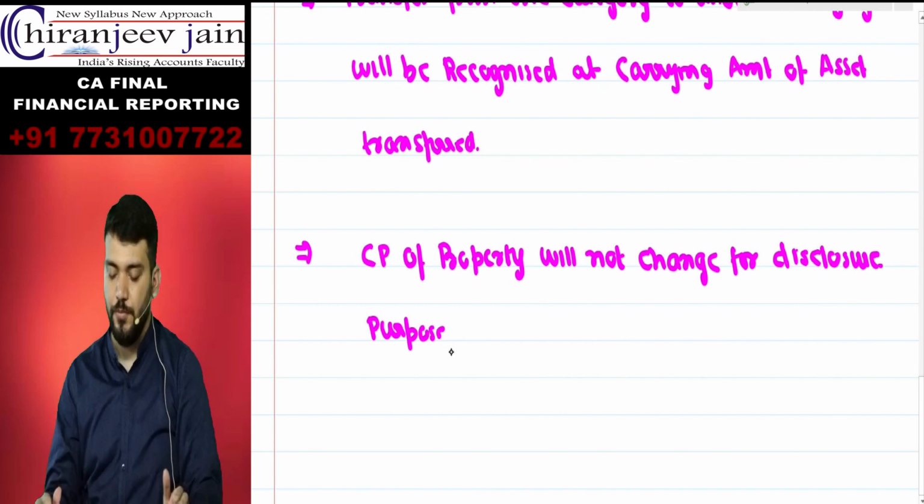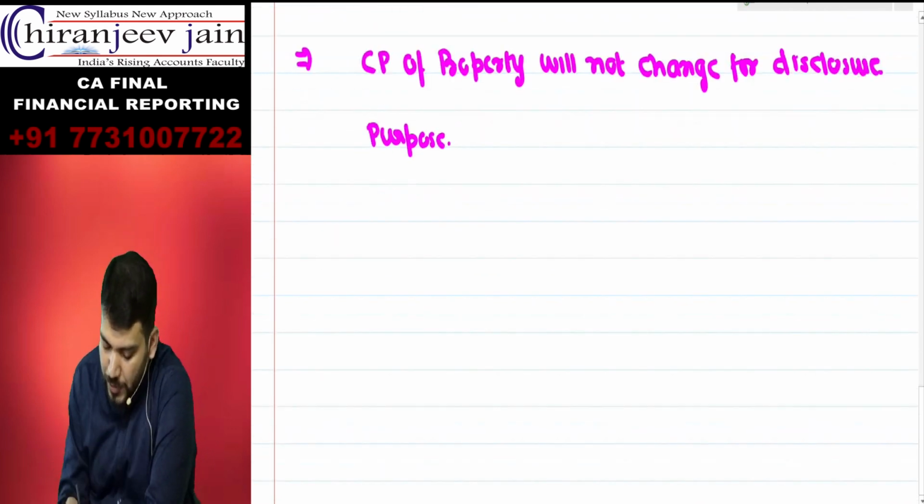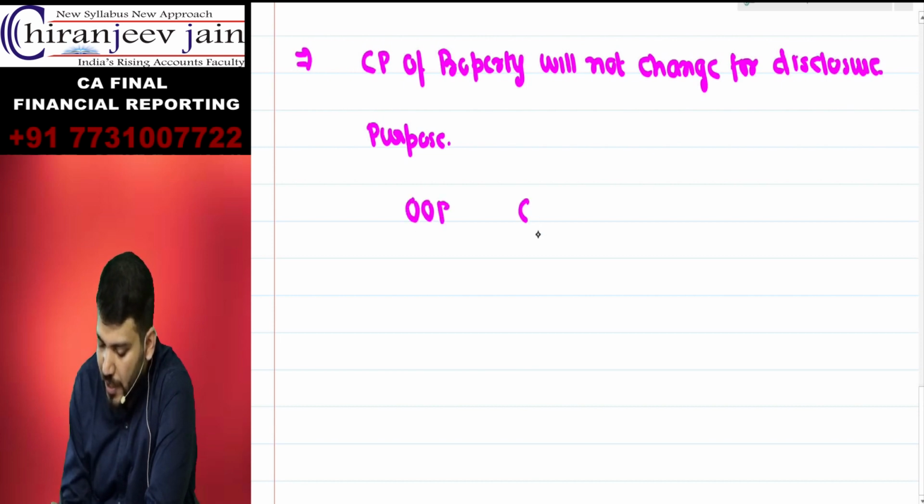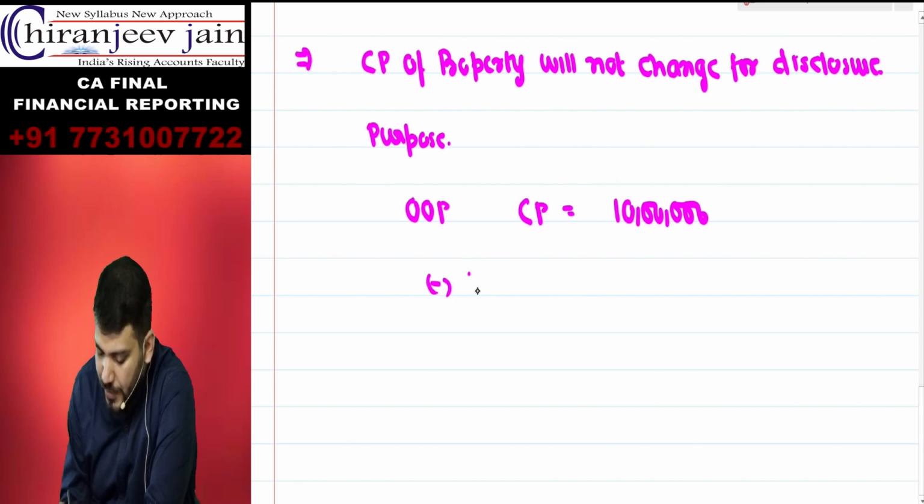What is the meaning of this? For example, suppose we have owner occupied property whose cost price is 10 lakh. Okay? And on the date of classification, the accumulated depreciation was equal to 2 lakh.